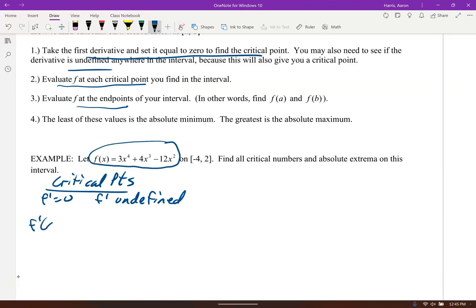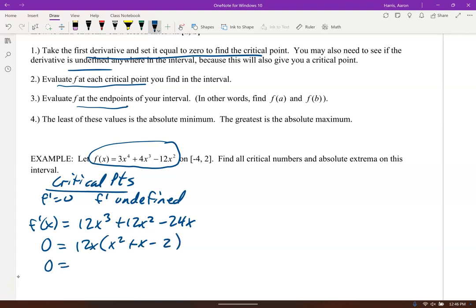Let's take the derivative: 3 times 4x cubed, so I get 12x to the third plus 12x squared minus 24x. I'm going to find where the slope of the tangent is 0, so where's the derivative equal to 0? Notice I can take a 12x out of each of those, and I can keep factoring.